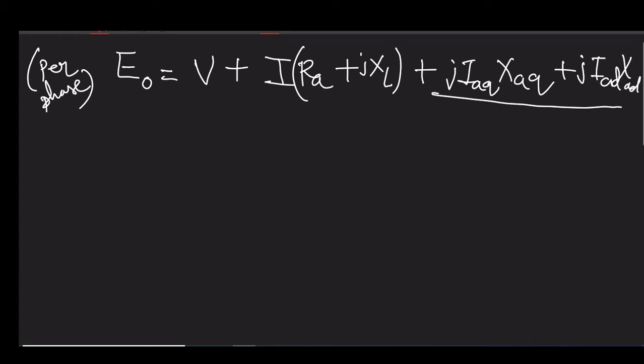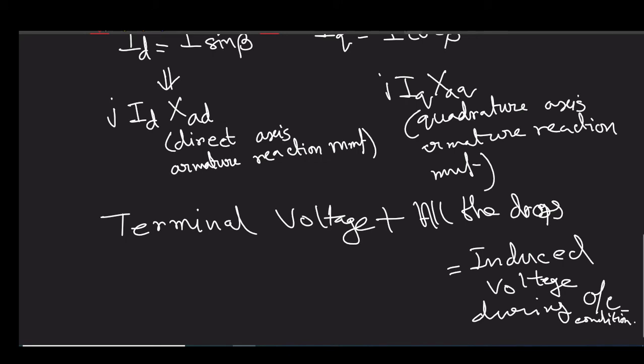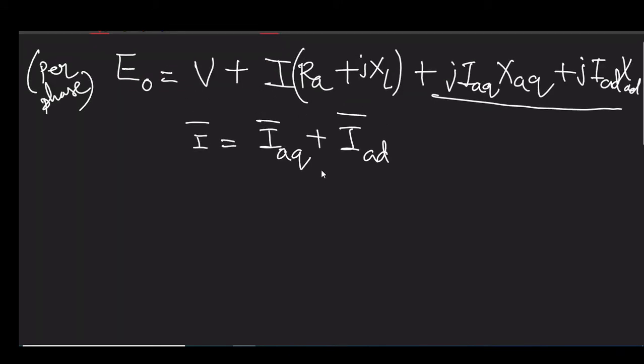Now we can write further, that is interesting, that I is equal to the phasor sum IAQ plus IAD. Just let me check whether I wrote okay, ID, IQ. So let us be consistent with that form. Let me make a correction here. It is ID. Okay.